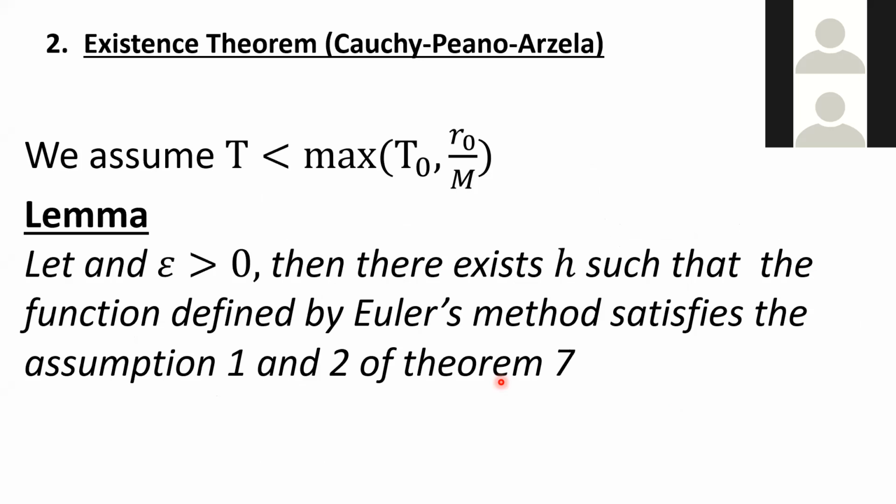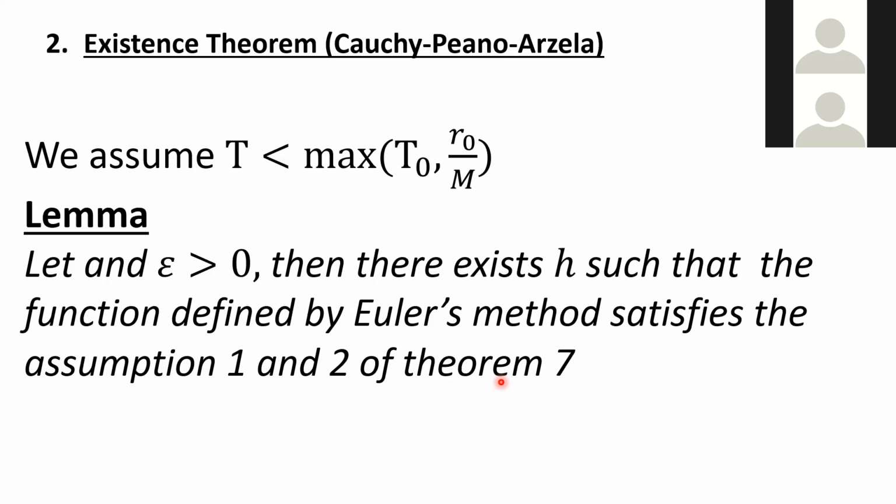There were two assumptions for theorem 7. The first one was that my sequence of u_p needed to be uniformly bounded. So this is true with the functions provided by the Euler method.